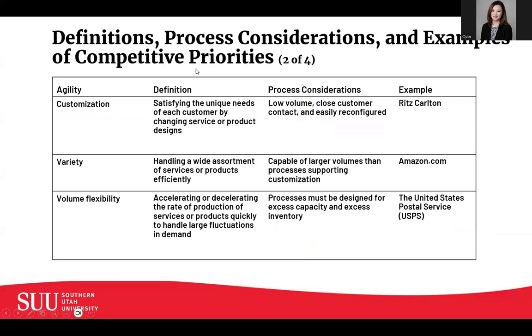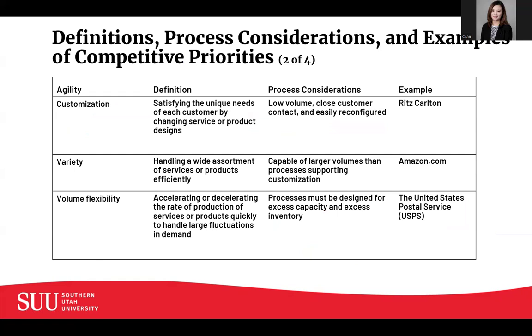And the last one is agility. Agility has three aspects, like the volumes, based on the change of the demand, as well as the options you can provide to customers. Like on Amazon, even just searching for a study desk, you probably will have hundreds of different choices there.